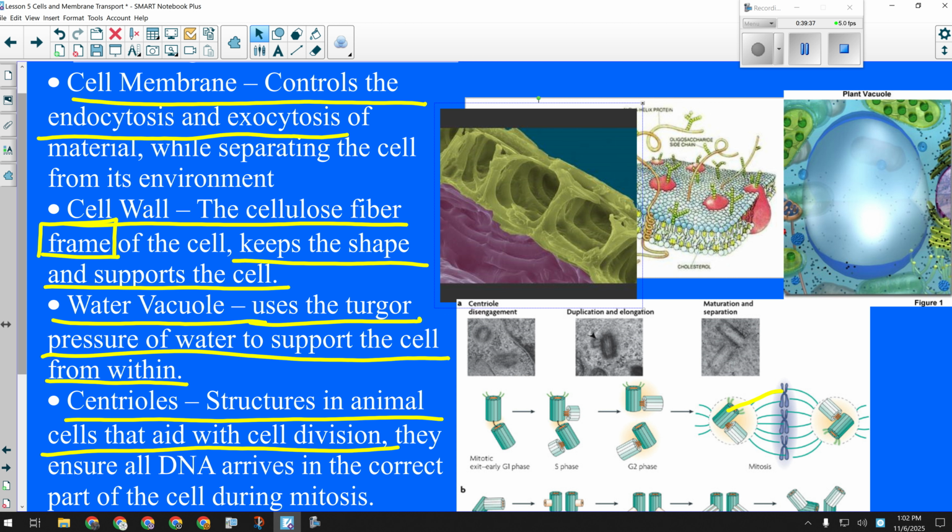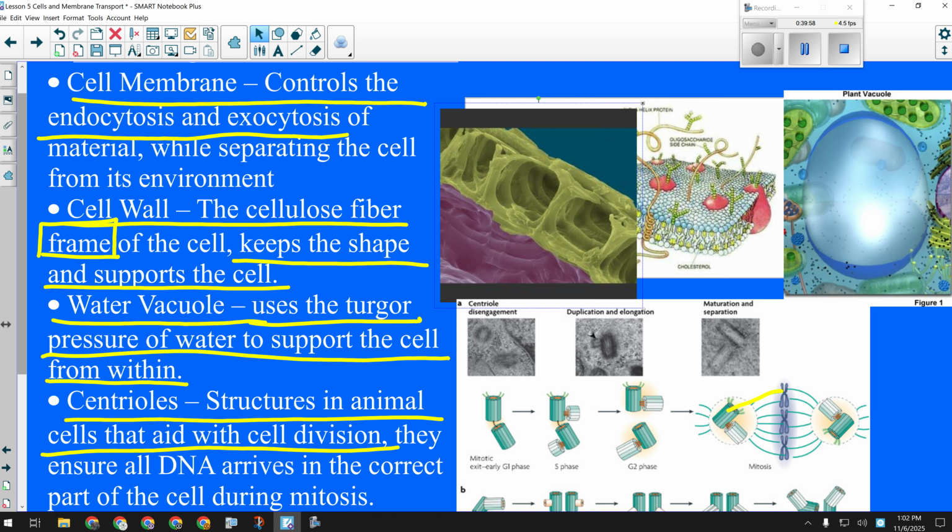It has to work together with the next thing on the list, and that's the water vacuole. So inside of the cell is this big kind of bladder that's full of water. When that bladder is full, it pushes everything in the cell against the frame, making it stronger. Kind of imagine this.